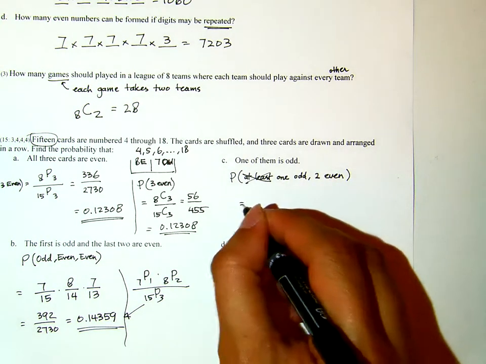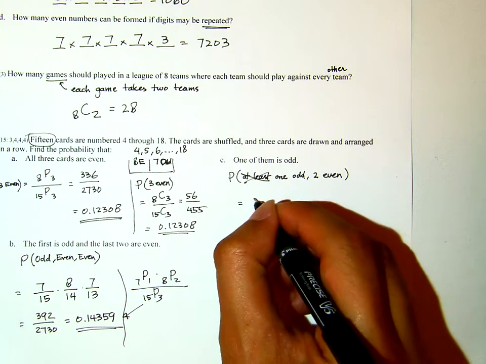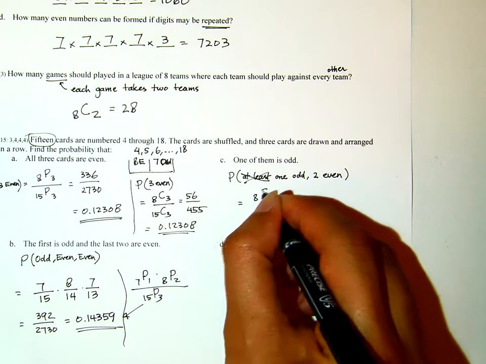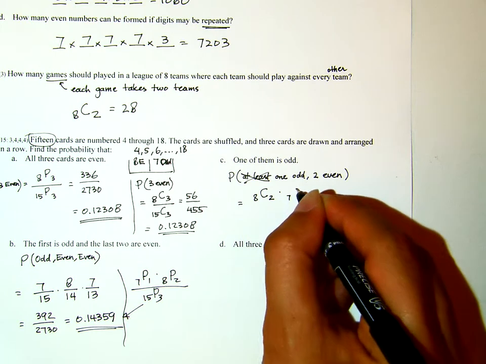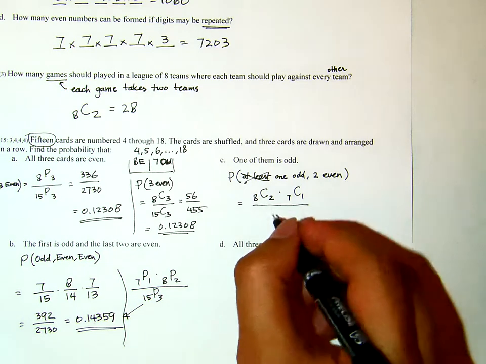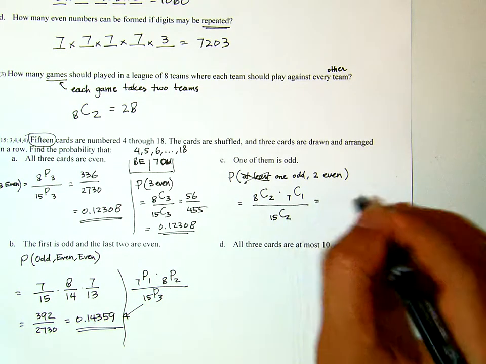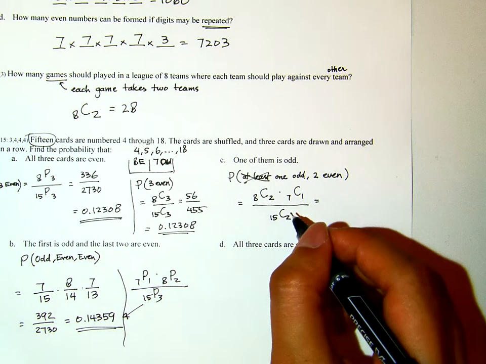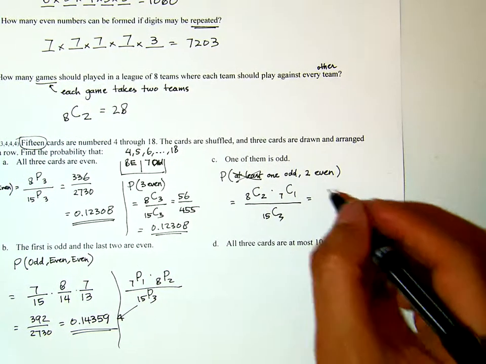Now, in this case, we can use combination. Out of 8 even cards, I need to choose 2 of them, and out of the 7 odd cards, I choose 1 of them, divided by 15 choose 3, that's the total number of ways to choose 3 cards.